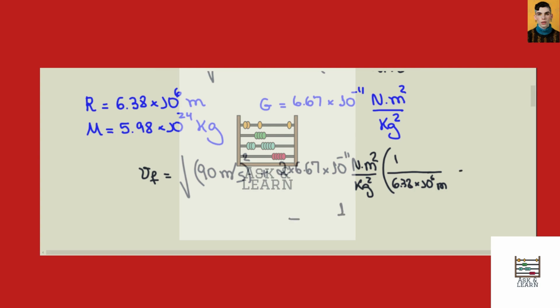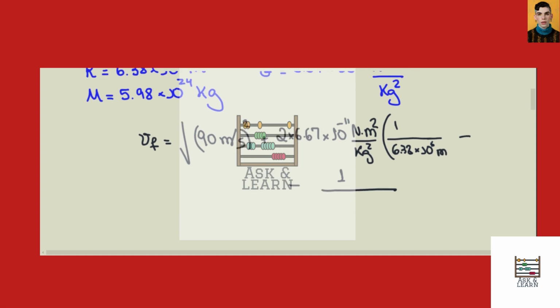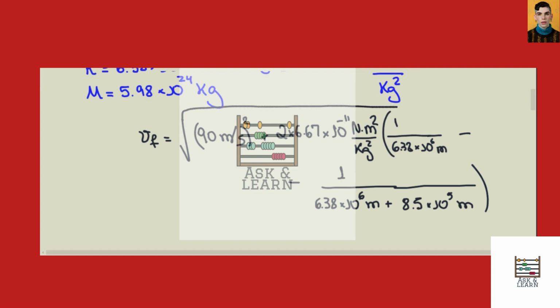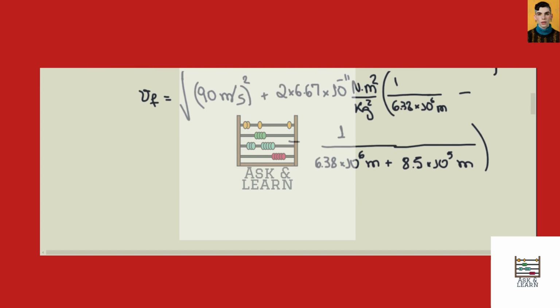So we have minus 1 over 6.38 times 10 to the 6th meters plus h, and h is 850 kilometers, so it's 8.5 times 10 to the fifth meters. Okay, I'm sorry for having written this in two lines. So Vf is equal to 3,835 meters per second.